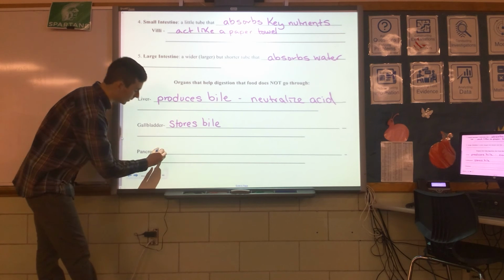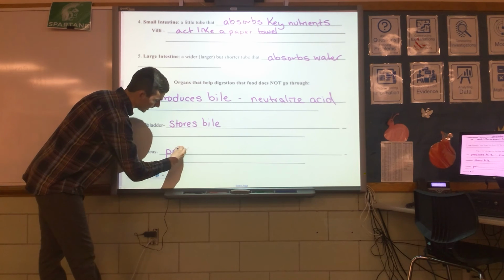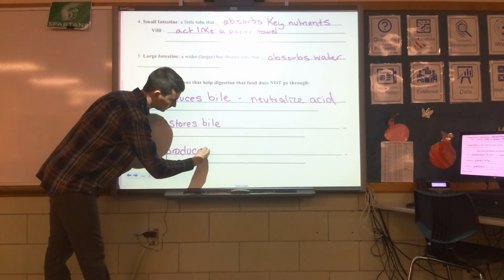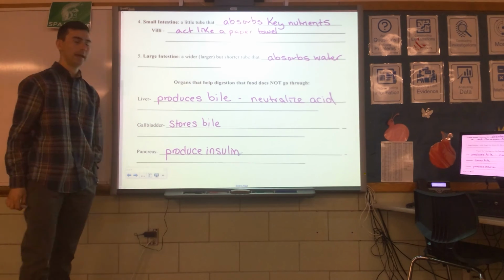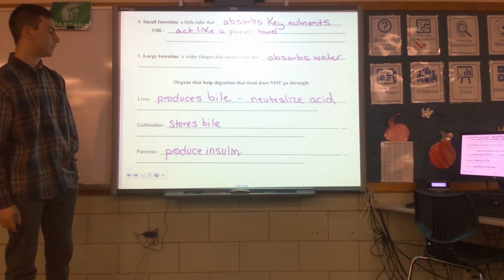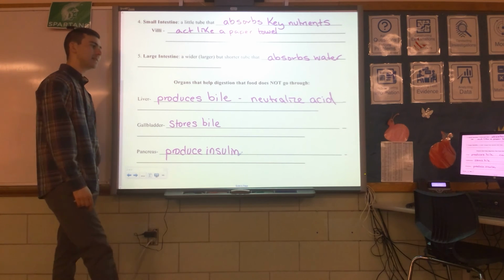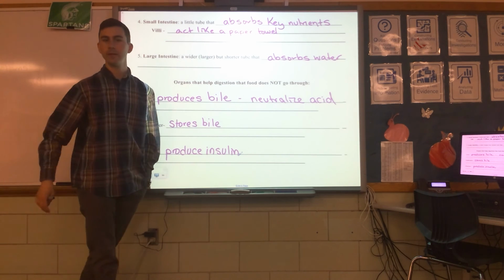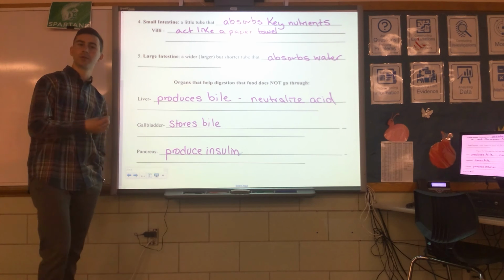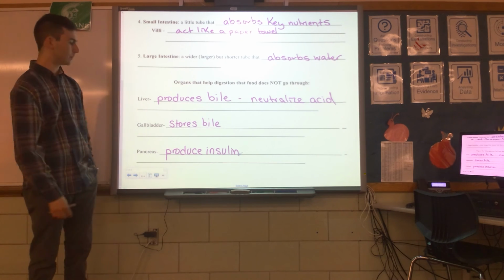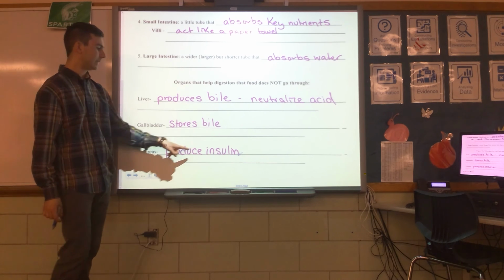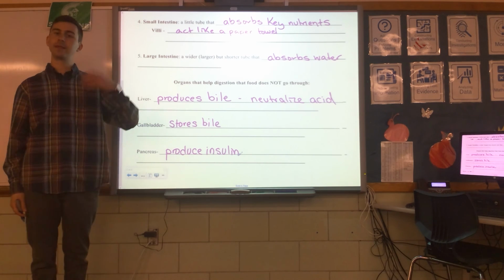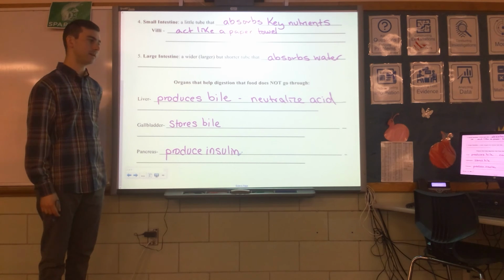And then finally we have our pancreas, which is actually going to produce insulin. And insulin is going to regulate your blood sugar, which means that if you break down all this food that you've been eating, you're going to get a lot of glucose molecules, which we talked about before, floating around in your bloodstream. If there's too much of those glucose molecules, your body needs to produce this insulin in order to make them usable and be taken up by your cells.